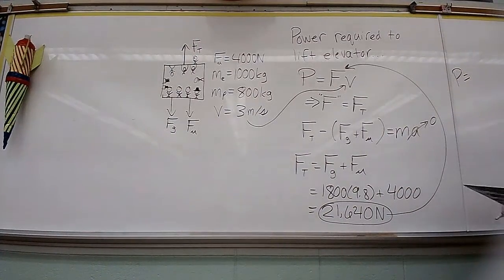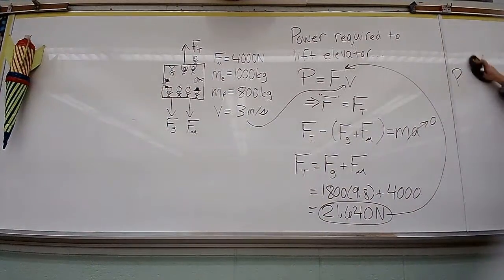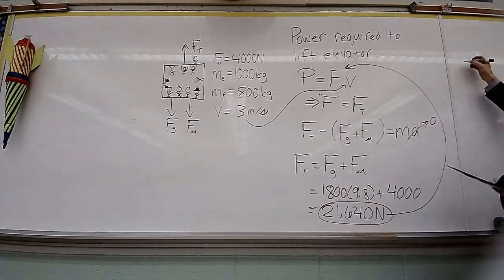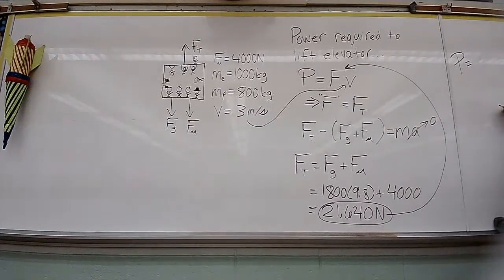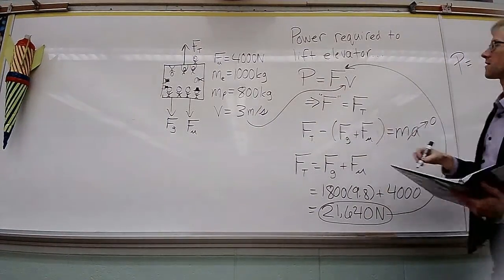I gotta start making these P's more fancy again. Oh, that is a pretty good looking letter P right there. I like the P over to the left where you wrote power equals force times velocity. That is a good one.